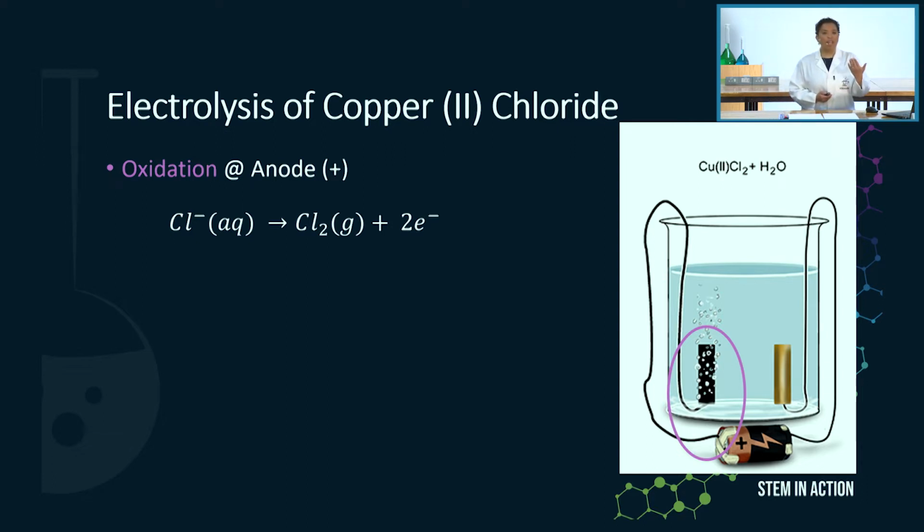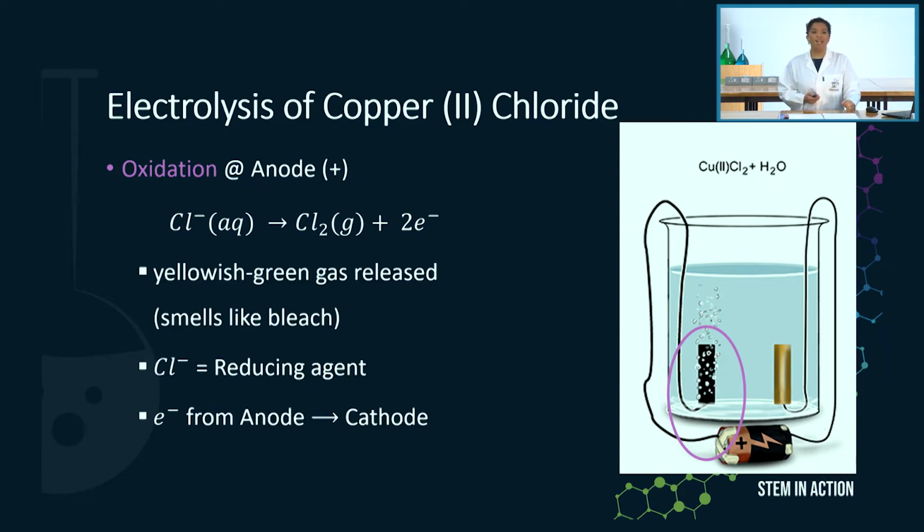If you go through the process, as you waft, you'll be able to smell that sharp chlorine smell. It smells very much like a swimming pool or bleach. There's a yellowish greenish gas, and that's the chlorine gas that gets released at this electrode. And the chloride ions, because they get oxidized, are called the reducing agent.